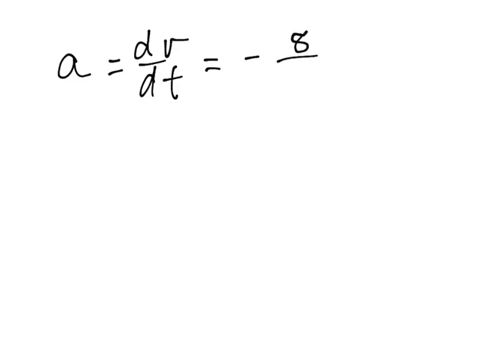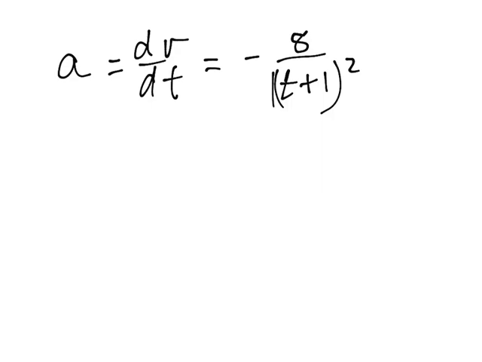When you do that, you'll find that the acceleration, which is dv/dt, will be equal to negative 8 on (t plus 1) squared.